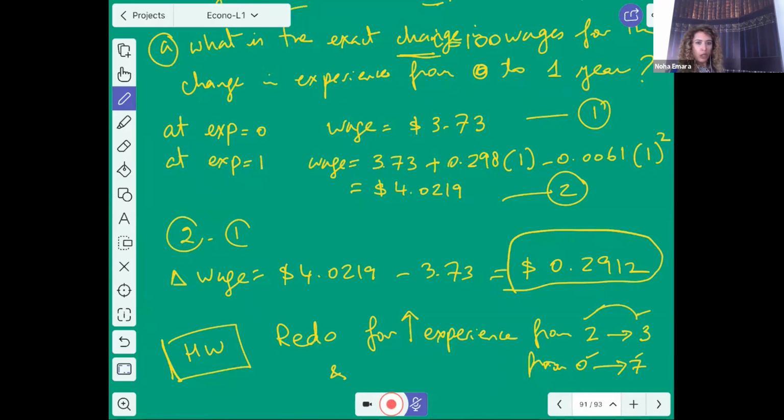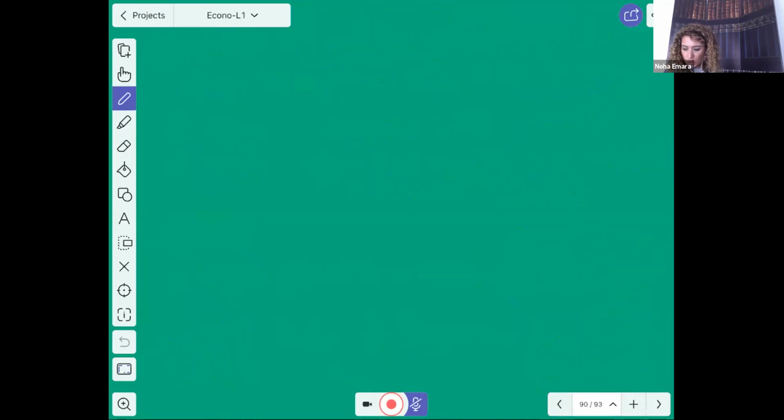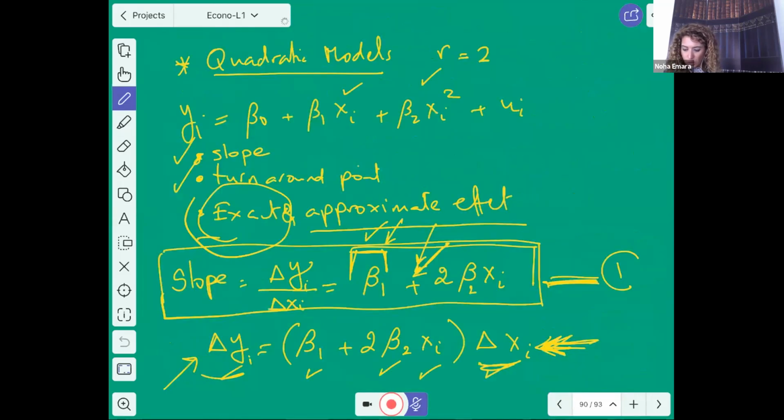This is called exact changes, because I'm just plugging the numbers into my equation, getting the exact changes in wage. What about approximate? I already mentioned it. I said you just need to use this equation.